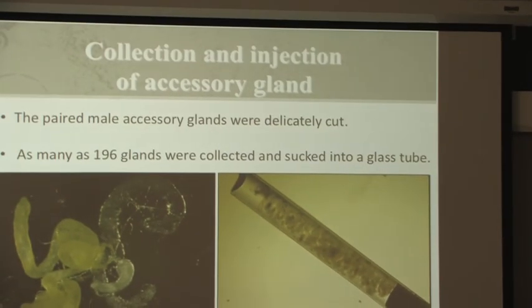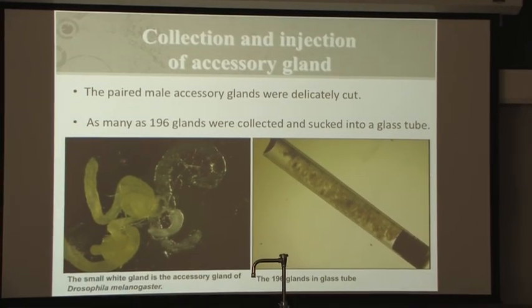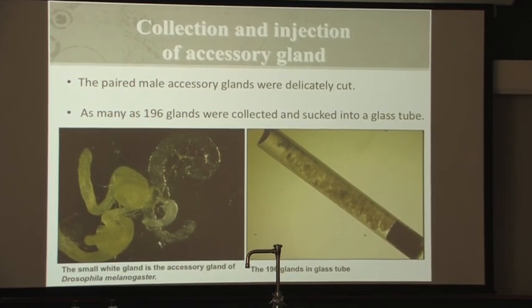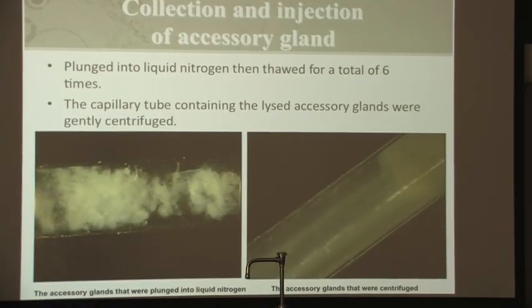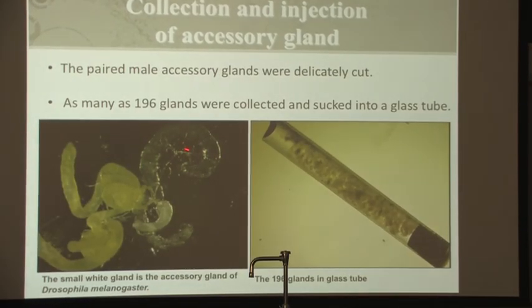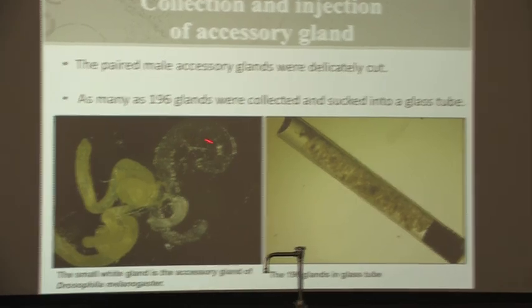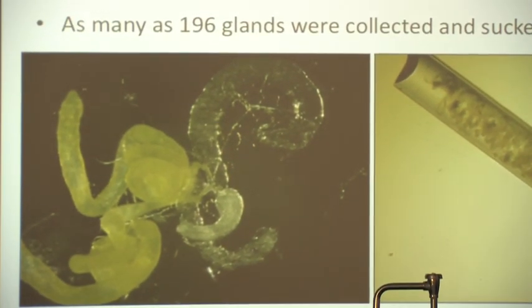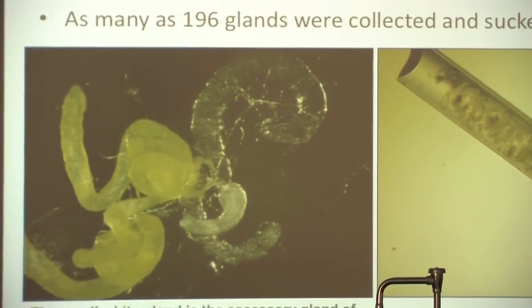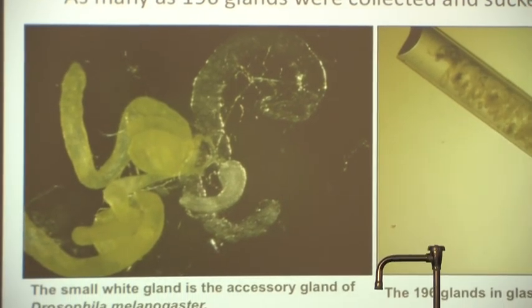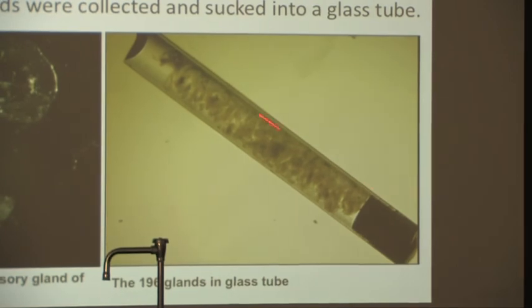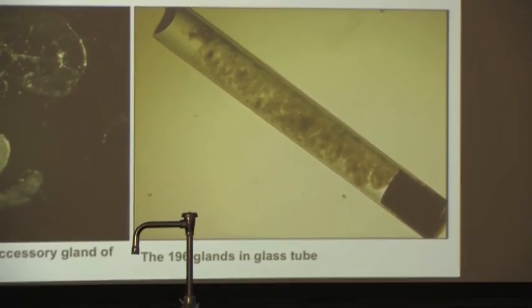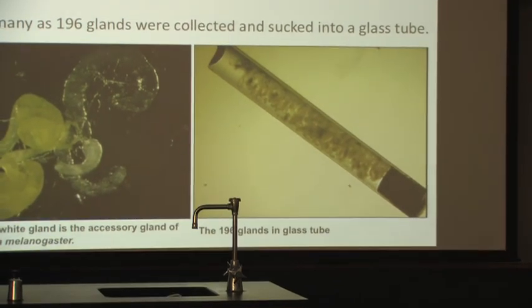Next, I'll talk about the collection and injection of the accessory gland. In order to get the accessory gland, the pair of accessory glands will be delicately cut. This pair of white glands is the accessory gland. We will collect as many as 196 accessory glands and suck them into this kind of glass tube, which has a volume of about 8 microliters.